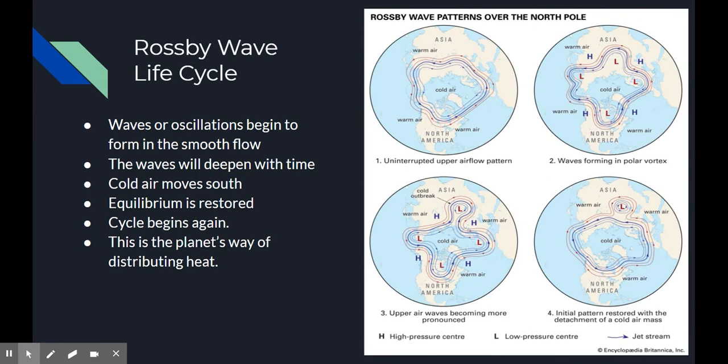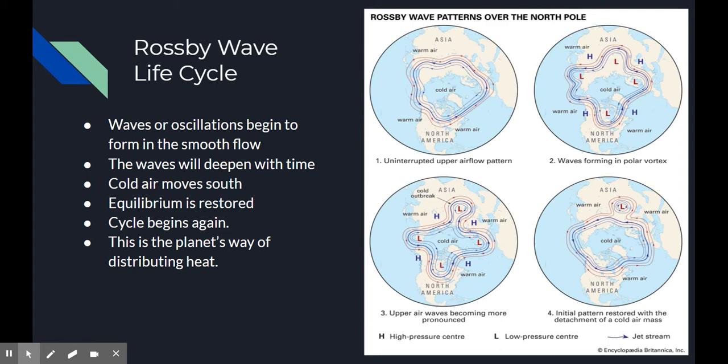This kind of develops into what we call a Rossby wave life cycle. The waves or oscillations begin to form in the smooth flow. In this image on the right here, we're looking down at the top of the planet from the north, looking down over North America and the northern hemisphere, as well as Asia and Europe.